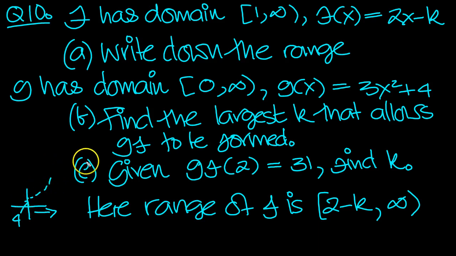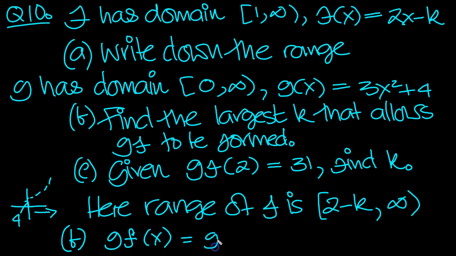So there's our function then. g has domain 0 to infinity, g of x is equal to that. Find the largest k that allows g of f to be formed. So that value needs to be 4. This is part b, g of f of x.